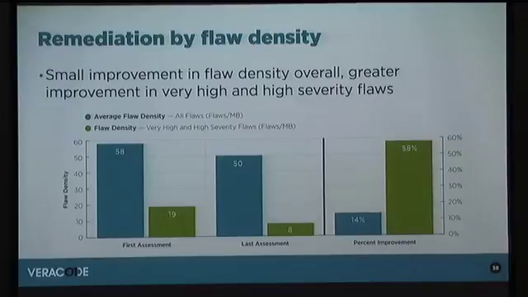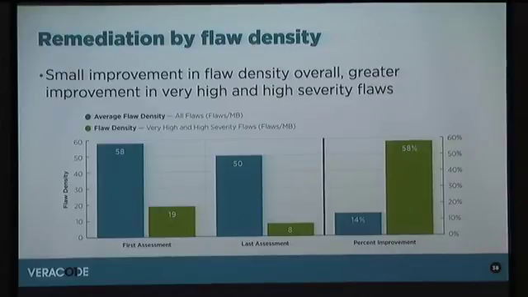Over time, you see that customers reduce flaw density for all flaws by going from 58 to 50, but the flaws ranked severity high and very high are going down much more drastically.